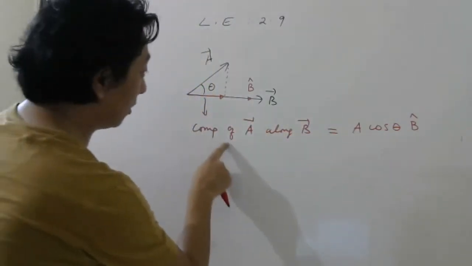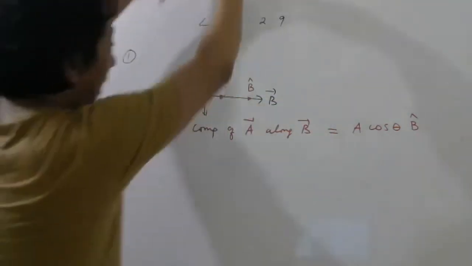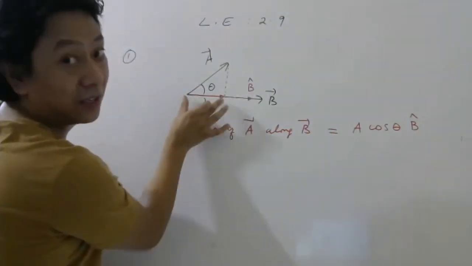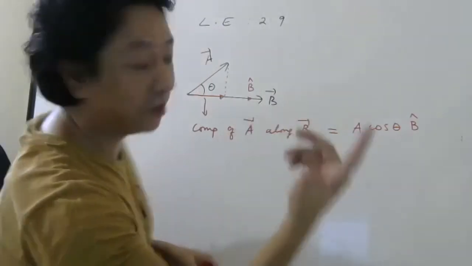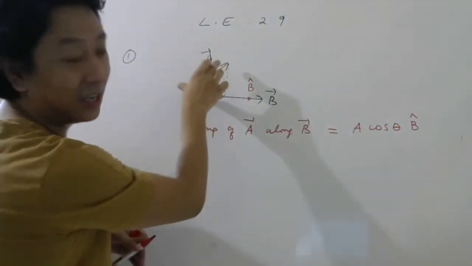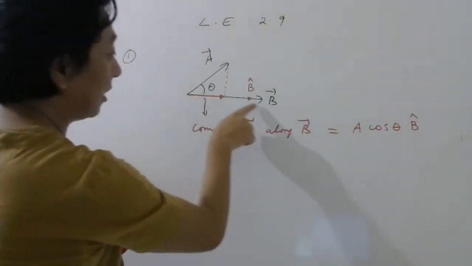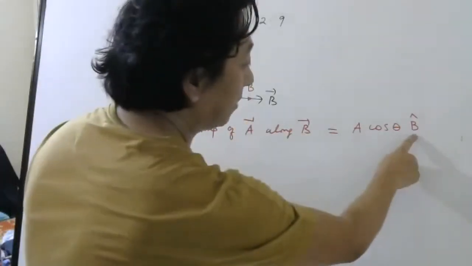They want component of A bar along B bar. So you have to shine light from here, and this shadow you have to find. The length of the shadow will be the magnitude, which you already know. If hypotenuse is A, adjacent is A cos theta. Then in this direction, there will be some unit vector. Since they have given B bar, it is better to write B cap.